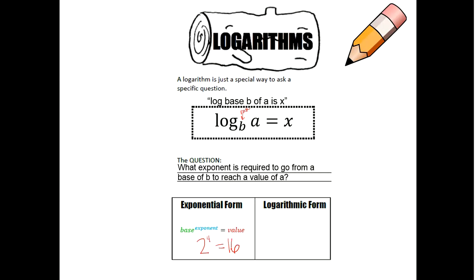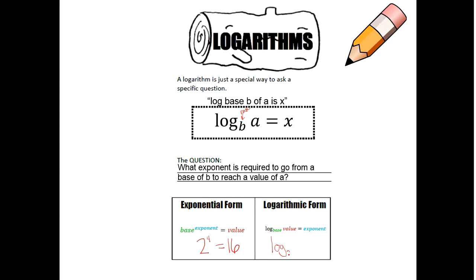Now, what logarithmic form does is it takes those pieces and moves them around. So logarithmic form is log with the base of the base originally, of the value, equals your exponent. So what this would actually look like, if I would do this problem, it would be log, and my base is going to be the same base, so basically the big number.